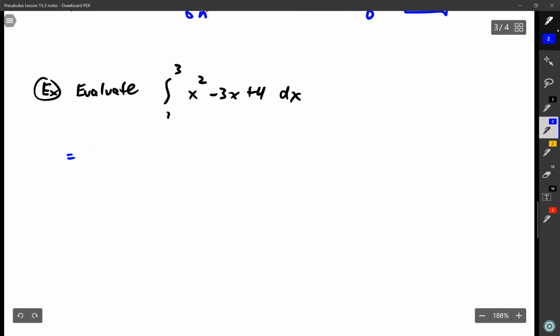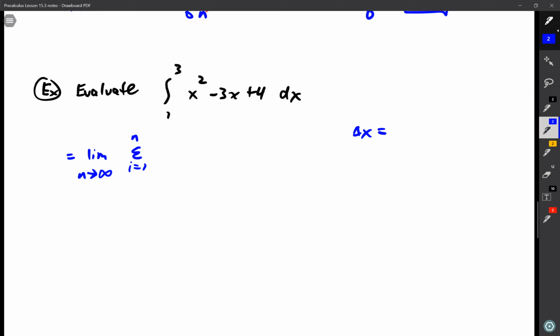So that is equal to the limit as n approaches infinity of the sum from i equals 1 to n of, and let's just go ahead and find what our nuts and bolts are. Our delta x is b minus a over n, so that's 2 over n. And our x sub i is a, so that's 1, plus i 2 over n. Okay, a plus i delta x, so 1 plus i 2 over n.